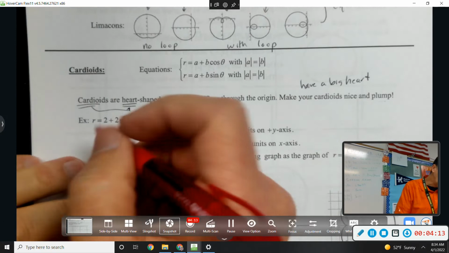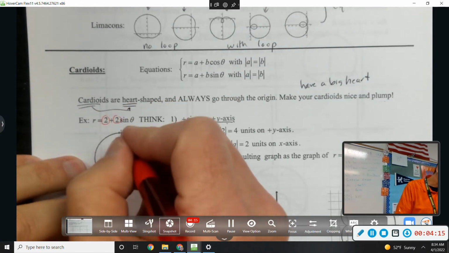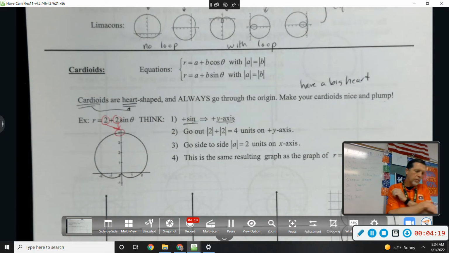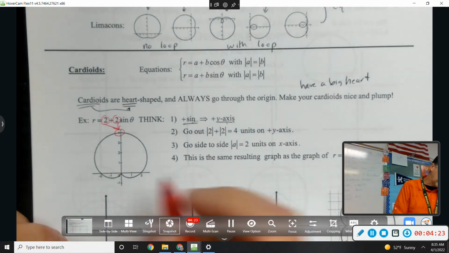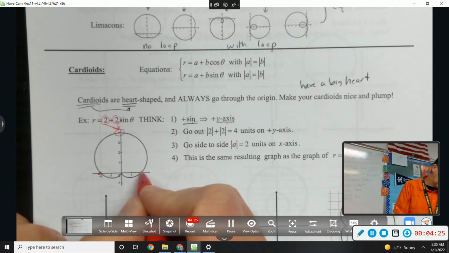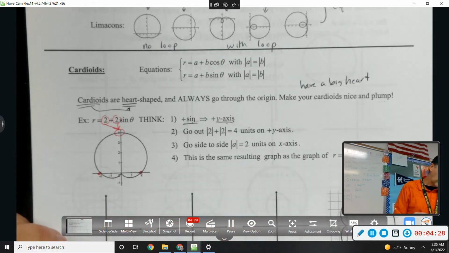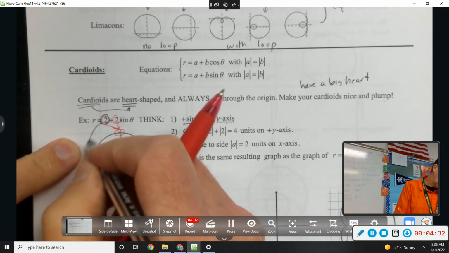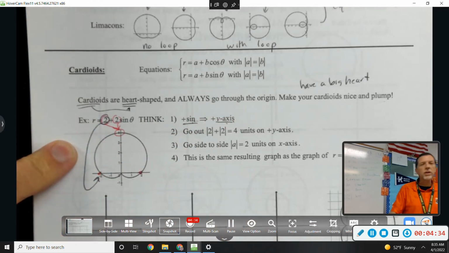2 plus 2 gets you how far out to go. Right? 2 plus 2 is 4. And the side units is the first number. I guess it doesn't matter because they're the same, but it'll matter for limacons.